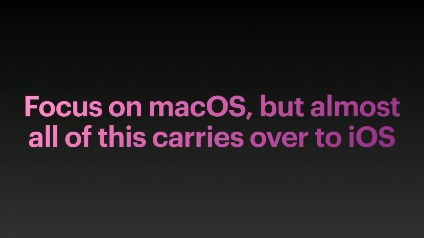The focus here is going to be on macOS. That's because it's just a little bit easier to demo, a little bit easier to debug. The good thing about what Apple has done, and since this is very heavily browser-focused, almost everything that I show here is completely replicable to iOS, all right?